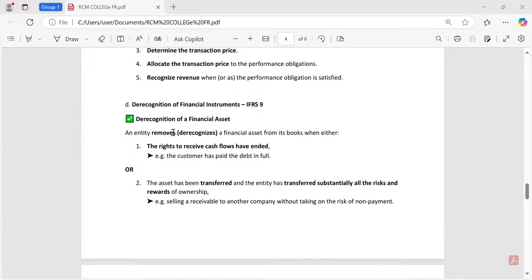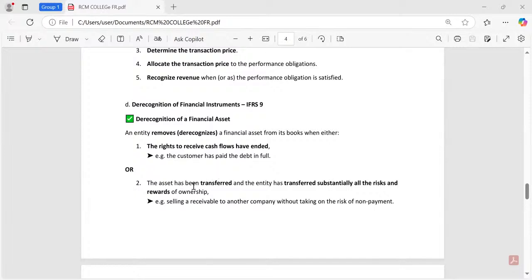An entity derecognizes a financial asset from its books when either the rights to receive cash flows have ended. You will not receive any cash flows from this in the future, e.g., the customer has paid the debt in full. Or if you transfer this particular asset to another person, if you sell.